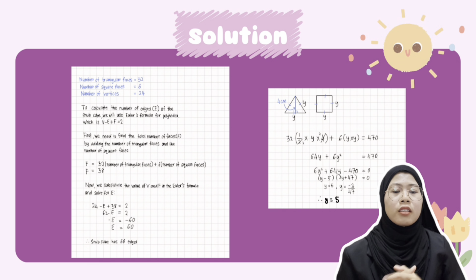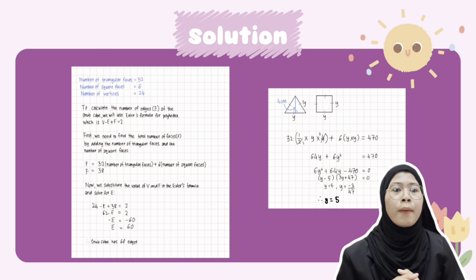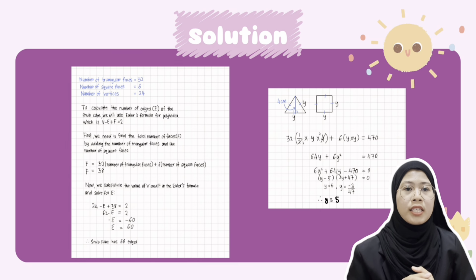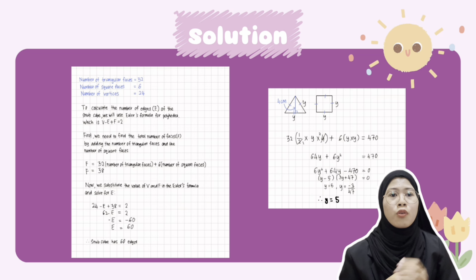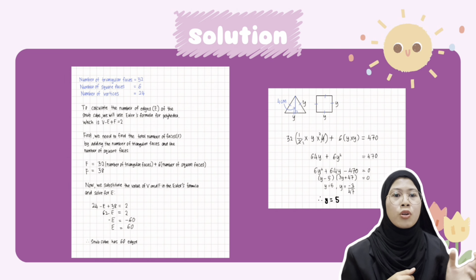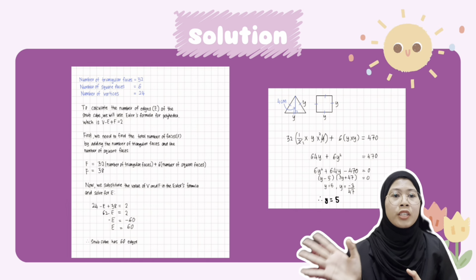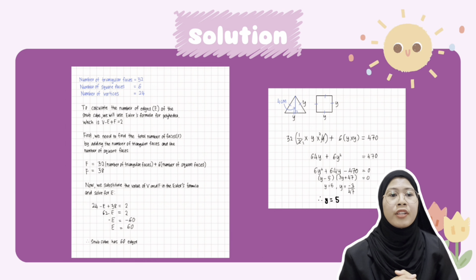After we do the calculation, we get 64y plus 6y squared equal to 470. Then we get the quadratic equation, which is 6y squared plus 64y minus 470 equal to 0. When we solve this quadratic equation, we get (y minus 5)(3y plus 47) equal to 0.